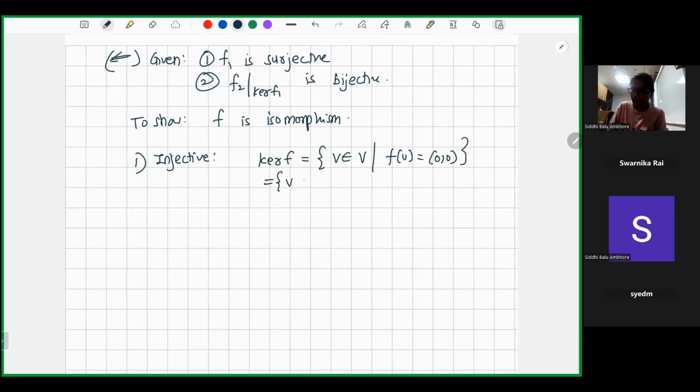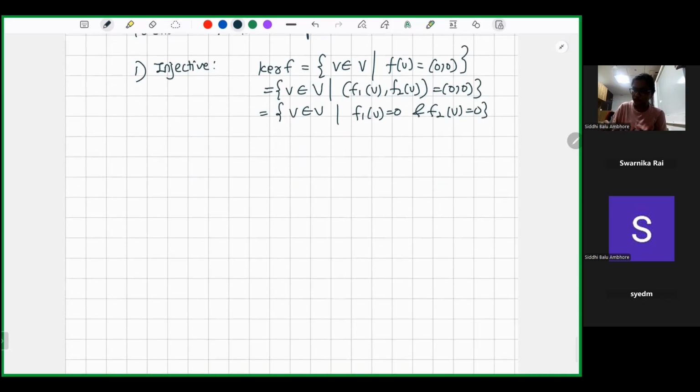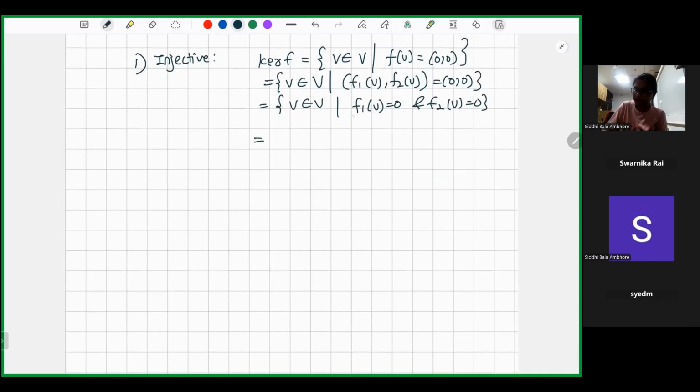Simplifying, that is all those v in V such that f1, f2 of v is 0, 0.